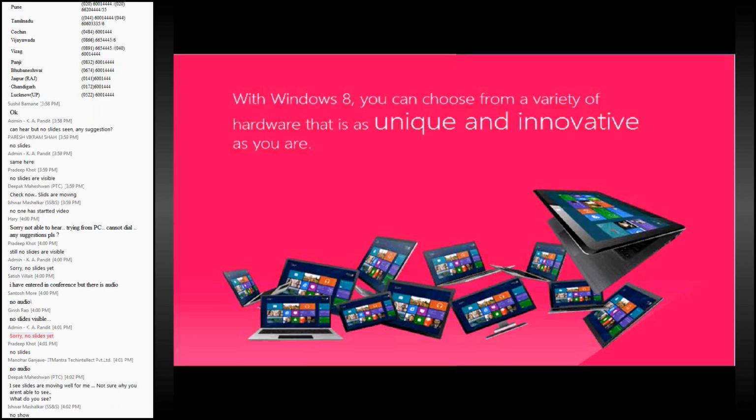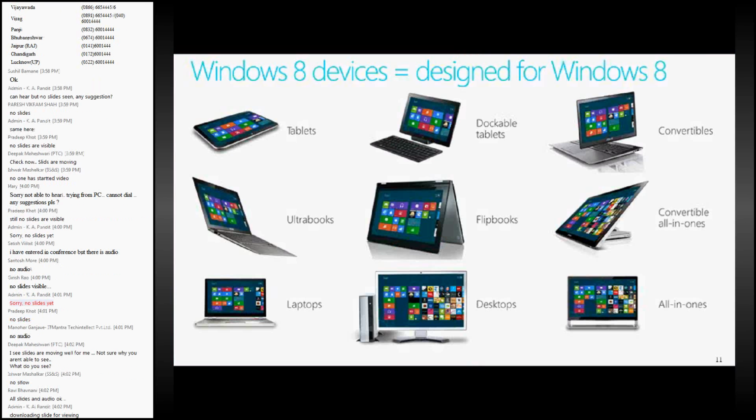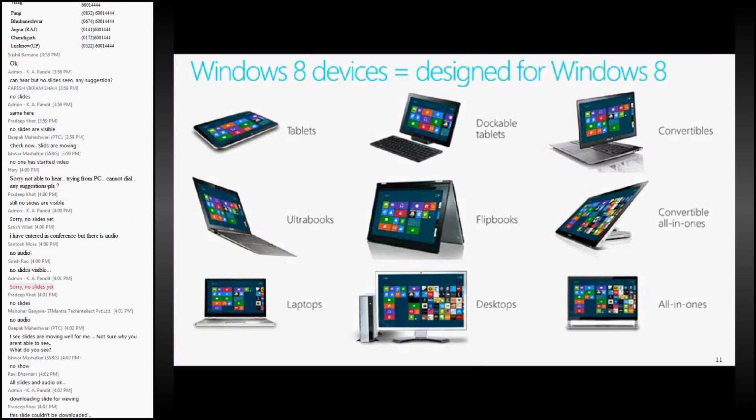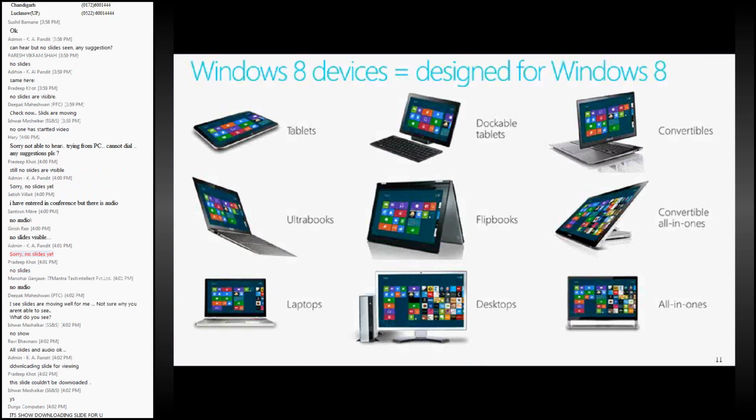Or you just want to, when you're at home, chill out and look at some news around you. So Windows 8 devices are designed for Windows 8 right from the ground up, and we have a wide variety of form factors over here. So it's not just one or two form factors, and it suits most of your work style experience.